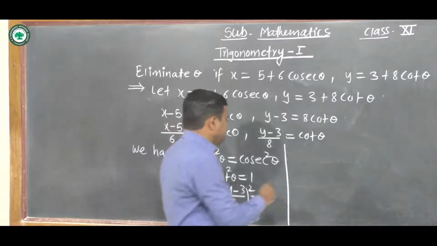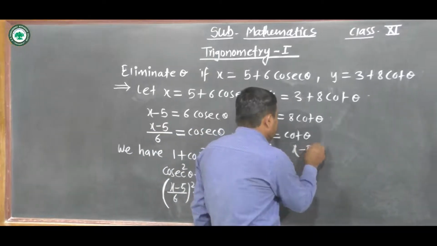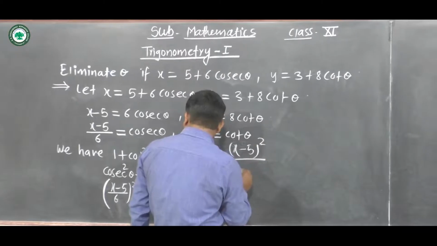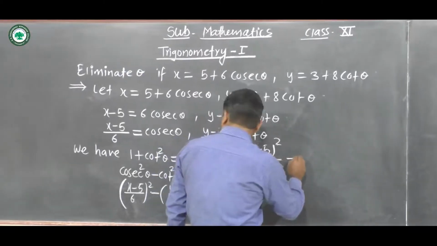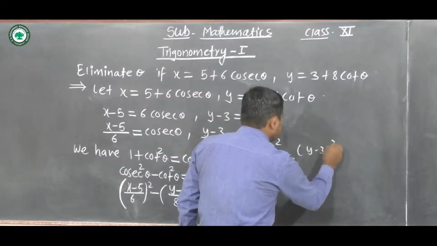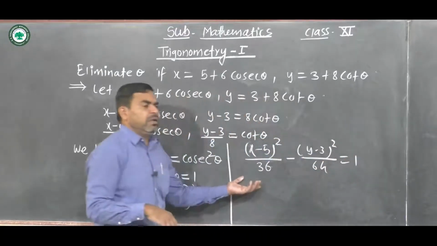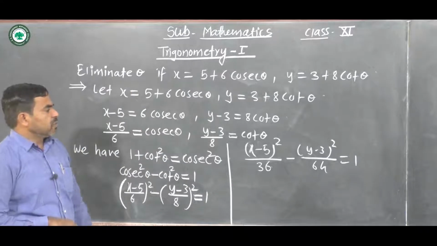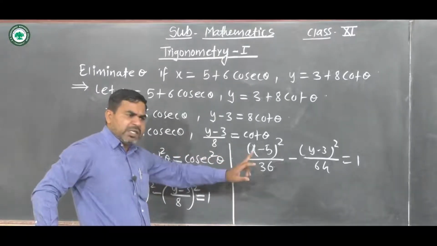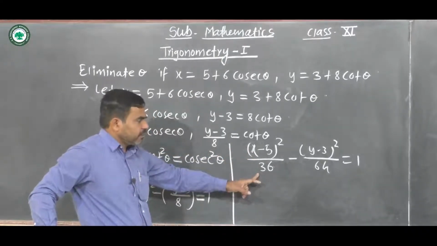Or if you want, you may write it as (x minus 5) square divided by 36 minus (y minus 3) square divided by 64 is equal to 1, and hence we have eliminated theta. So in this equation theta is absent, it means that we have eliminated theta.